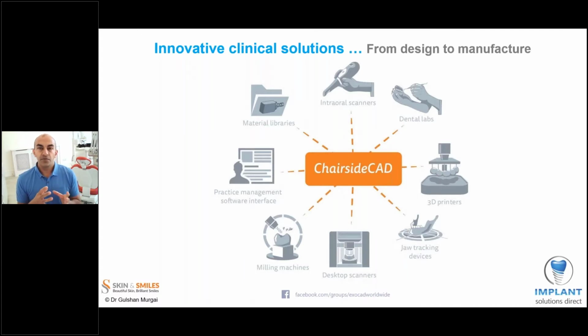ChairsideCAD is one of exocad's softwares that's 2 years old. I've been using it right from the start, and prior to that I was involved at exocad with their laboratory software, as I am actually a laboratory owner as well as a general dentist.